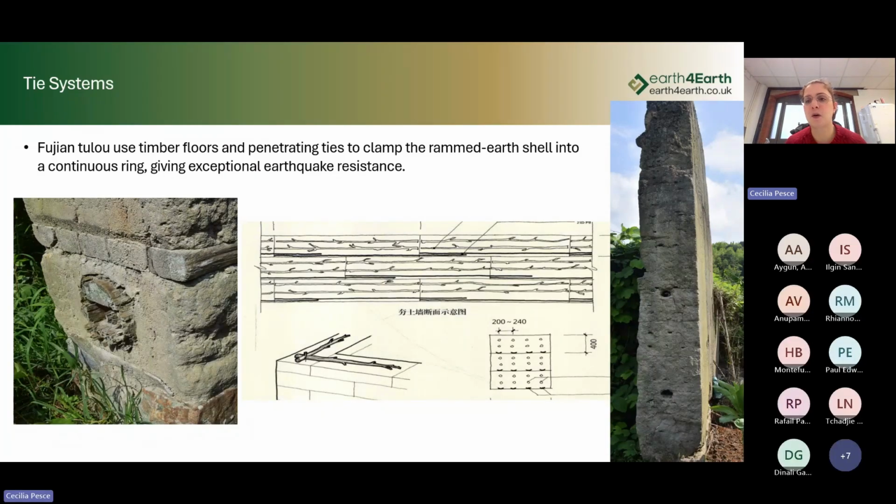Between the layers of the rammed earth in the walls, they would put these wooden logs and reinforcement, which would give more structural stability, but would also provide flexibility and would accommodate movement. So this type of technique is really advantageous for that.